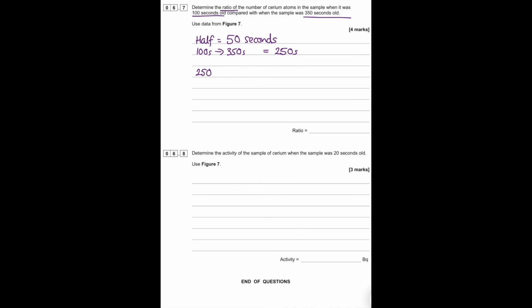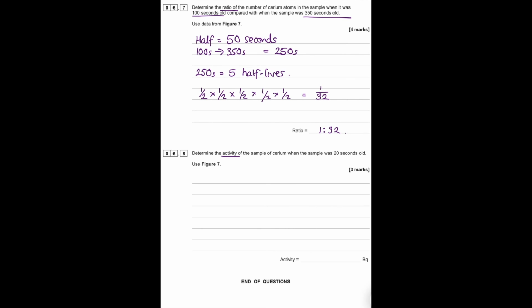And 250 seconds is 5 half-lives. So that is going to be a half times a half times a half times a half times a half, which works out at 1/32. So the ratio is 1 to 32.